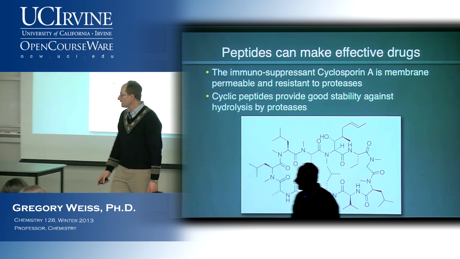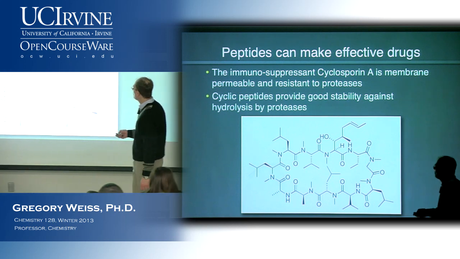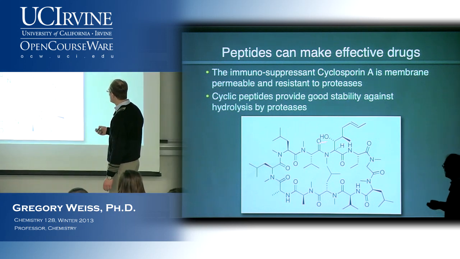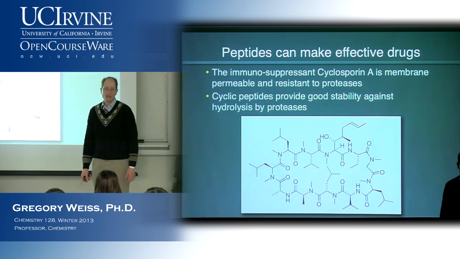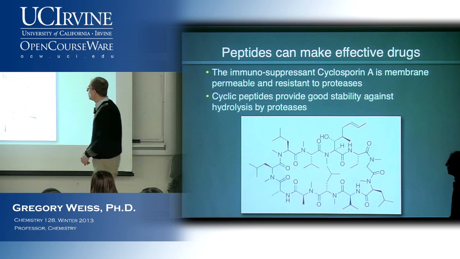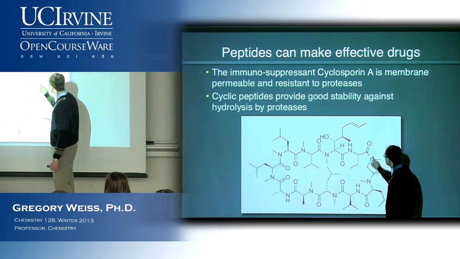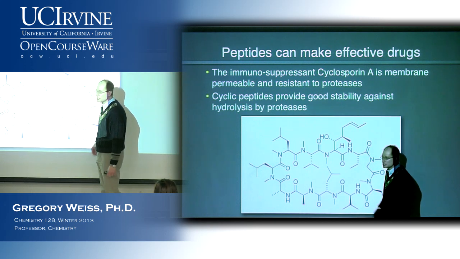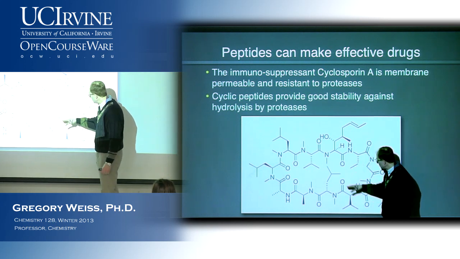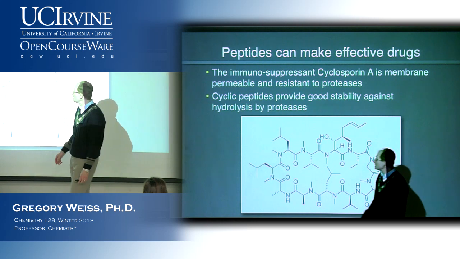And so the big exception to this are peptides that are cyclized. Okay, notice that this does not have any free N or C termini. The N and C termini of this peptide have been hidden away as the peptide has been made into a ring. Okay? It's entirely ring shaped, so it's been cyclized.